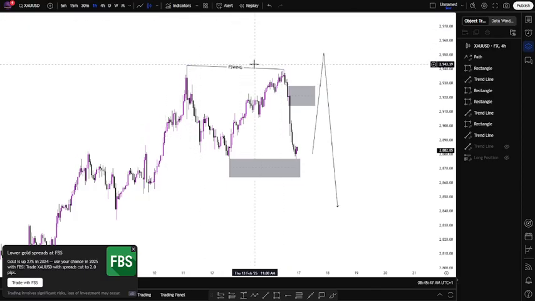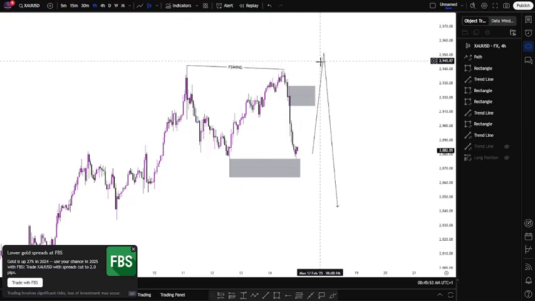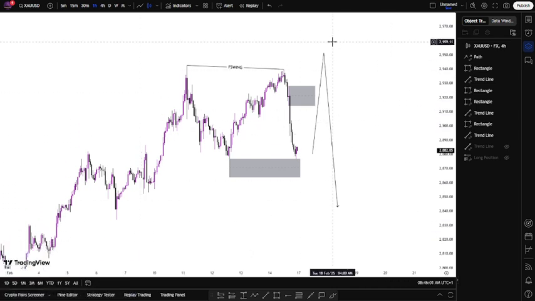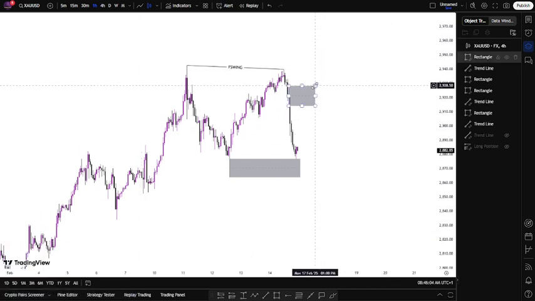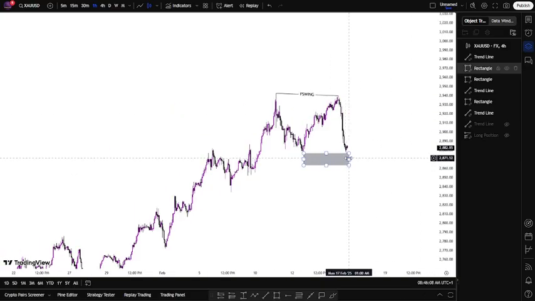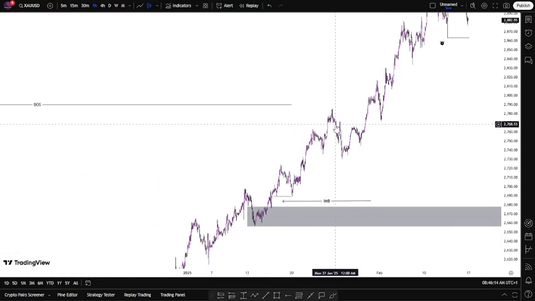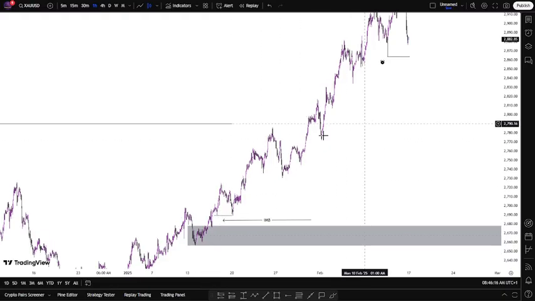Okay, it's also looking like a double top, equal high. So I might sweep this high and then crash down below. It happens. So I'm just going to be out for now, till I get what I'm looking for, which is the break there.